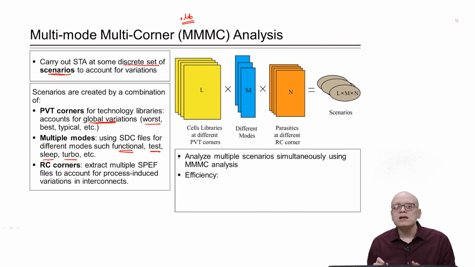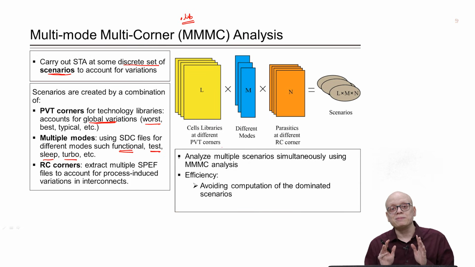Why? Because for the 48 scenarios that we got, we need not analyze all of them. See, the purpose of static timing analysis is to ensure safety, right. If the safety of one scenario can tell us that the conditions for other scenarios need not be evaluated, then we are still safe by just analyzing one of the scenarios, right.